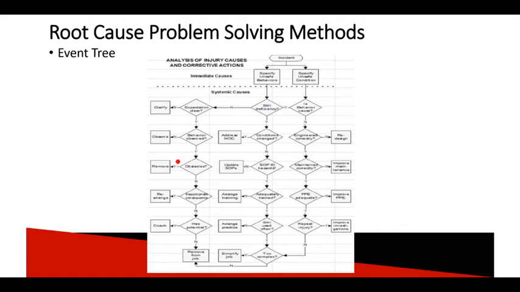If the answer is yes, try to remove the obstacles. If the answer is no, were there inappropriate consequences? If the answer is yes, rearrange those consequences. If the answer is no, does this employee have potential? Yes, then coach them. No, remove them from the job.